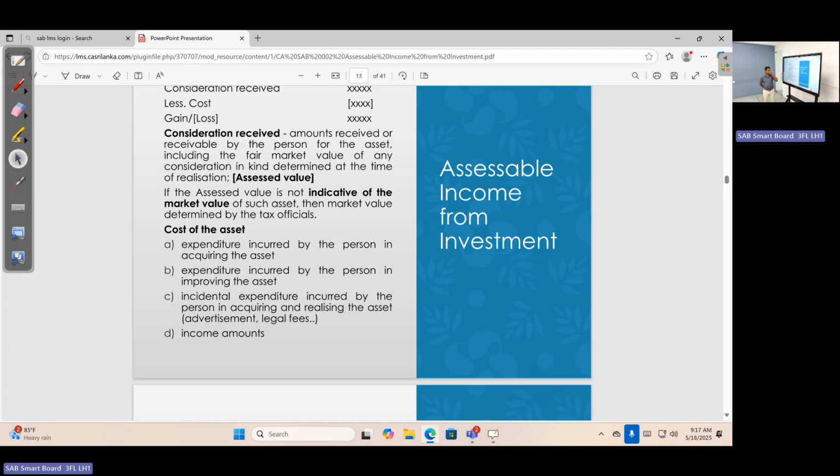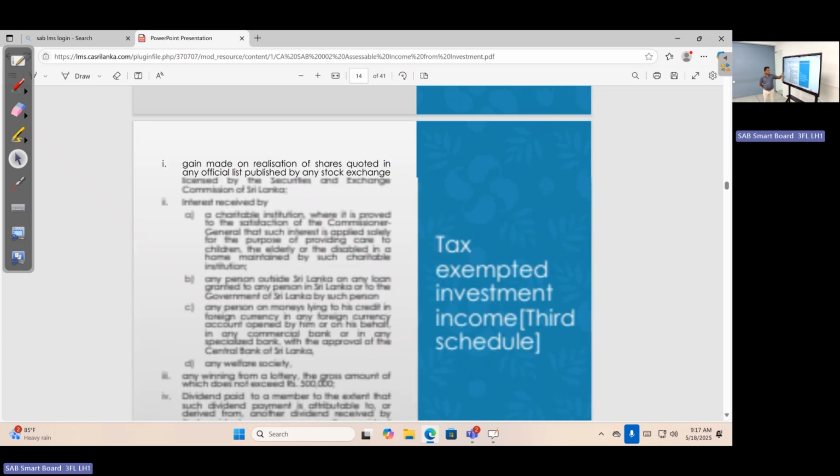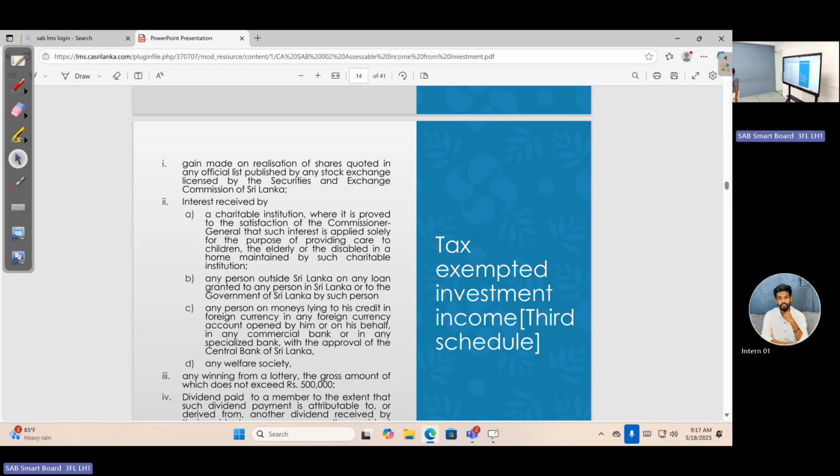So then what is cost? Purchase cost and other incidental costs can be included. So then tax exempted investment income made on realization of shares, ordinary shares, that is exempt. Two reasons for this change. In a country we have economic policy and tax policy, and they should go together.